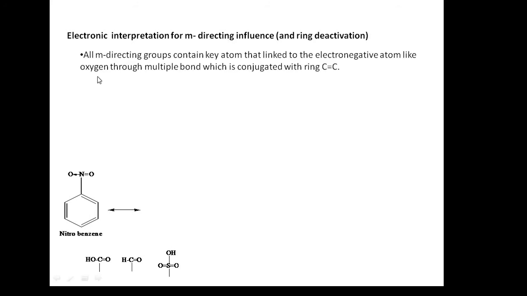Therefore, we can say that all meta-directing groups contain a key atom that links to an electronegative atom like oxygen through a multiple bond which is conjugated with the ring double bond.